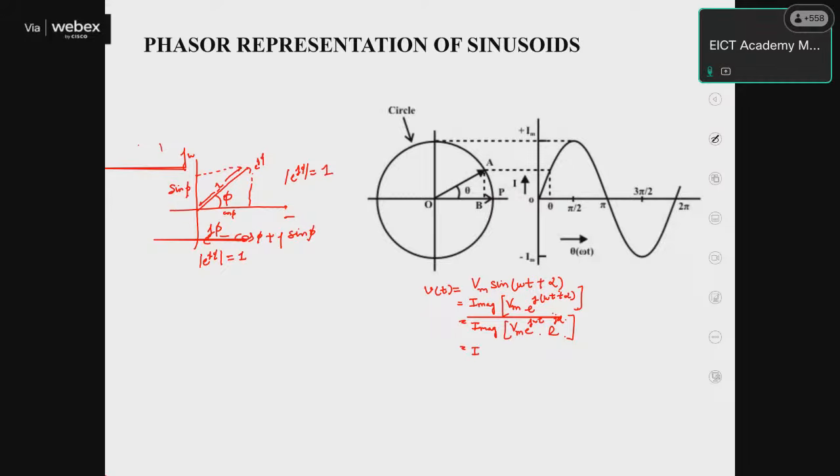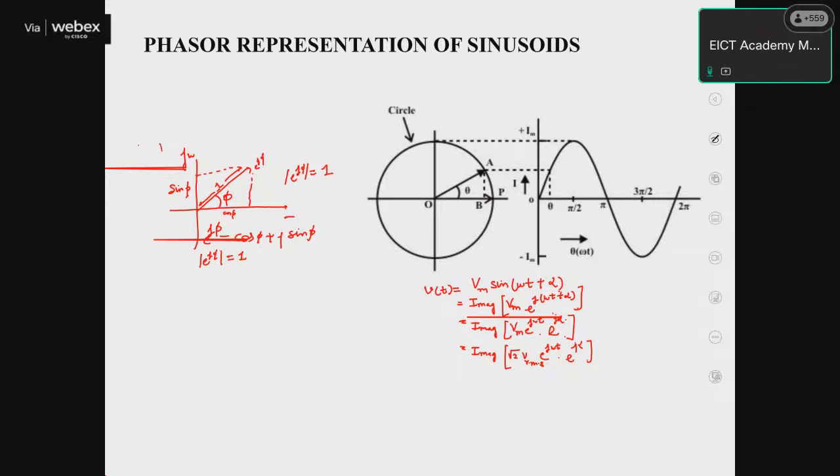And the maximum magnitude can be written in the form of RMS voltage. Vm is equal to Vrms, e raised to the power j omega t into e raised to the power j alpha, right?